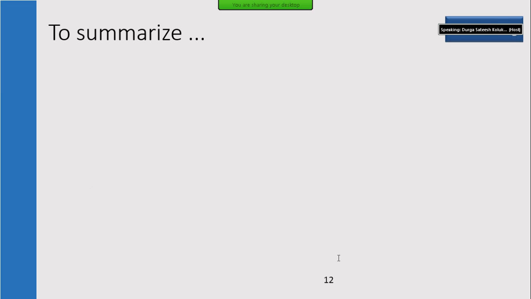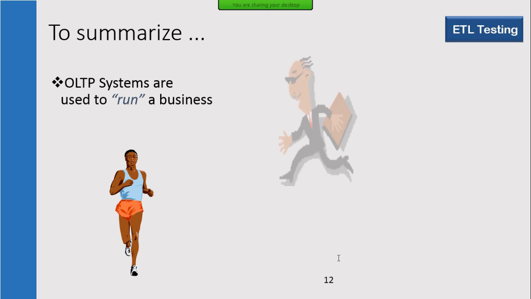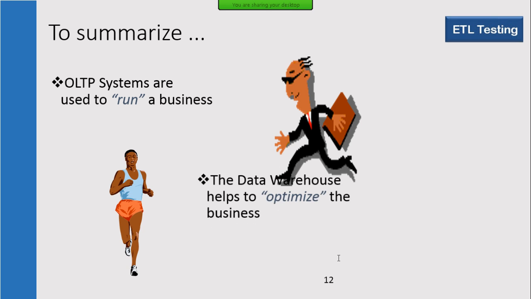Now, a simple thing: to run a particular business, you need a database. An OLTP system is nothing but your database. This is to run a particular business. But to expand your business, or to understand the business in a better way, you need a warehouse.